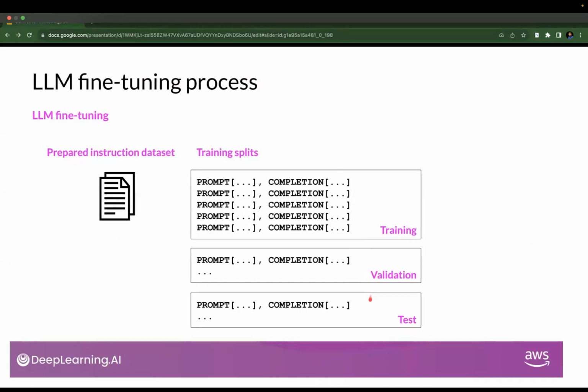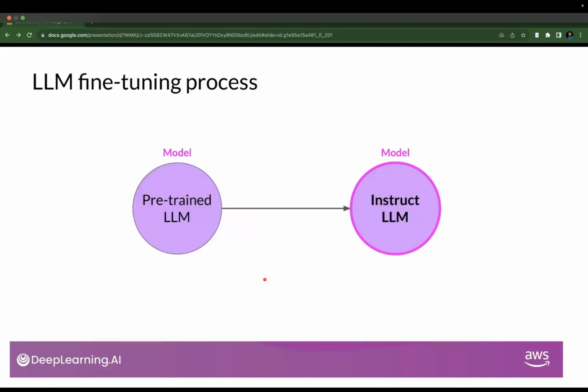And this is how you split your input training data during fine tuning. So after fine tuning, your pre-trained LLM becomes an instruct fine-tuned model.